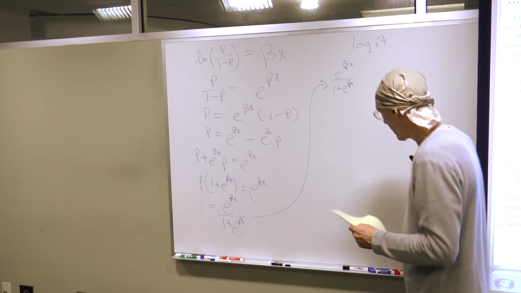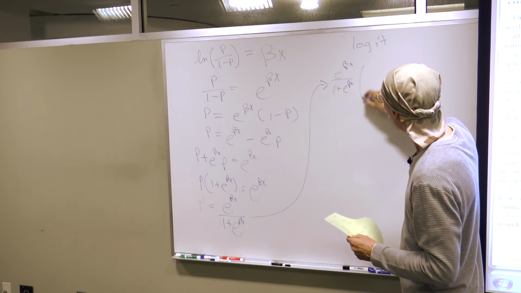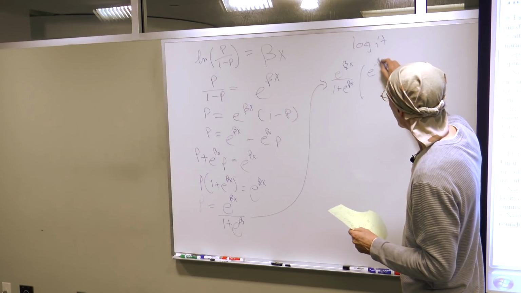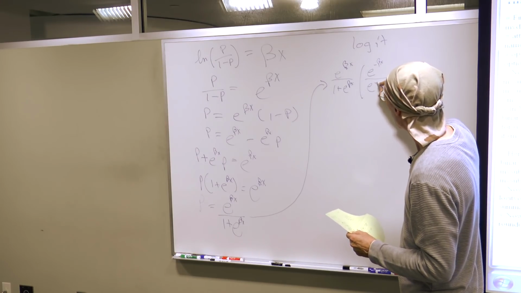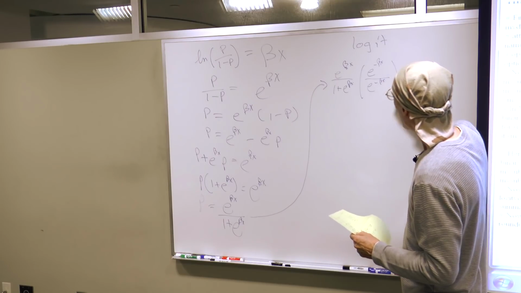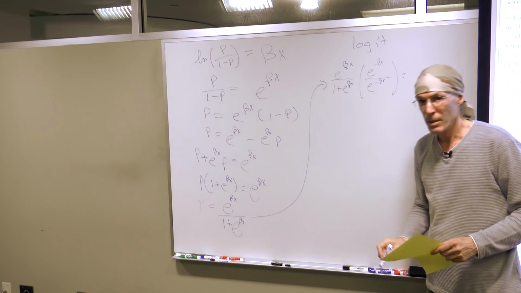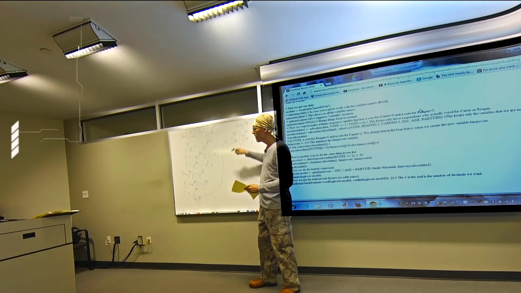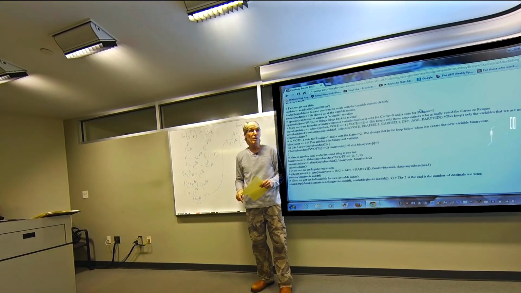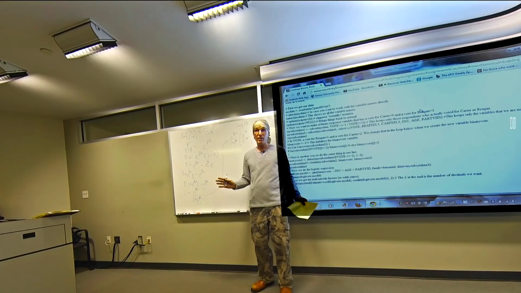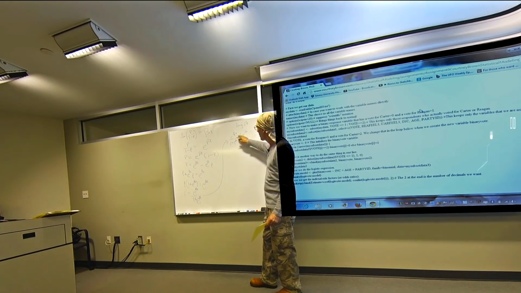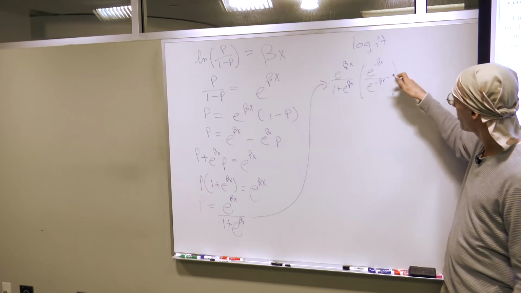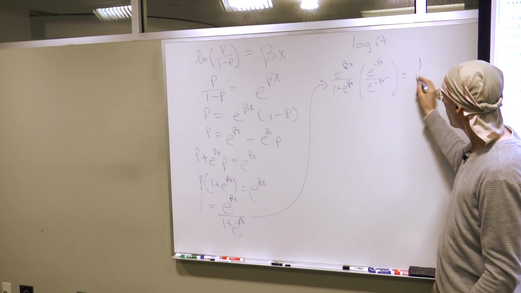And then they multiply top and bottom by e to the negative beta x divided by e to the negative beta x. And the reason they do that is typically they don't like two of these e to the beta x's floating around in the same equation, which is perfectly okay as far as I'm concerned, but a lot of people don't like that. And so this will cancel with this. So on the numerator, you'll only get a 1.